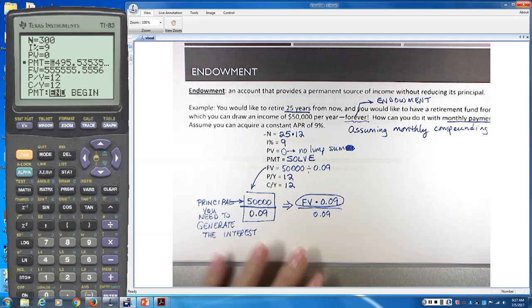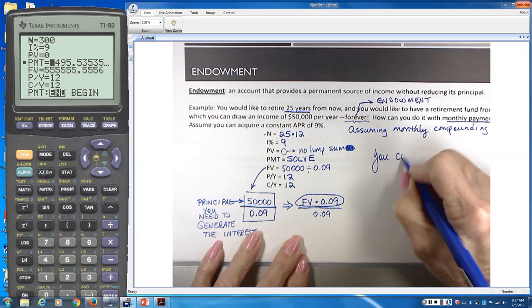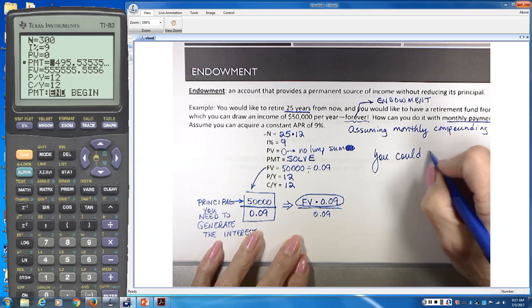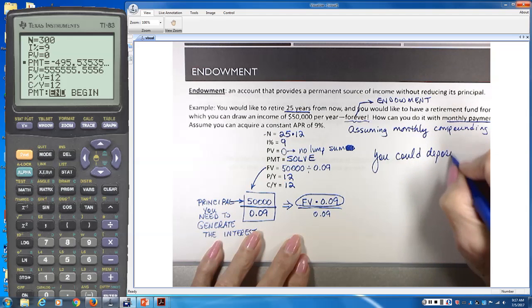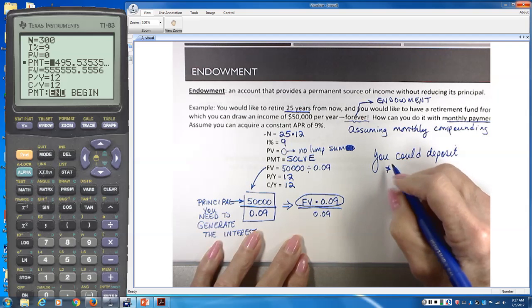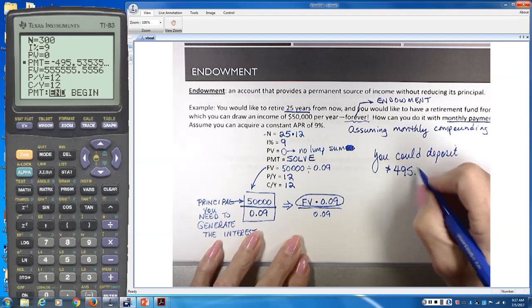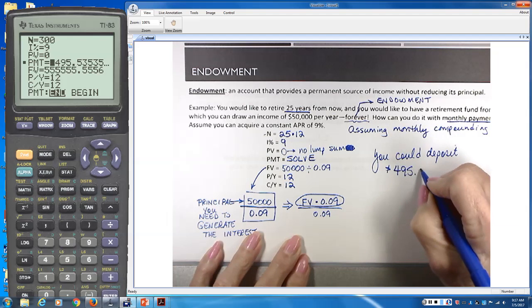So your monthly payments would be $495.54.